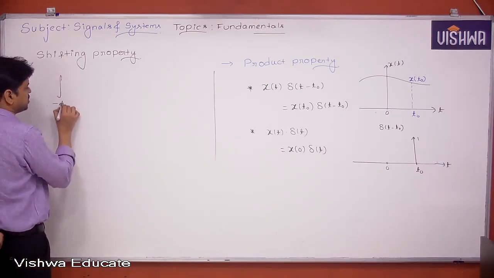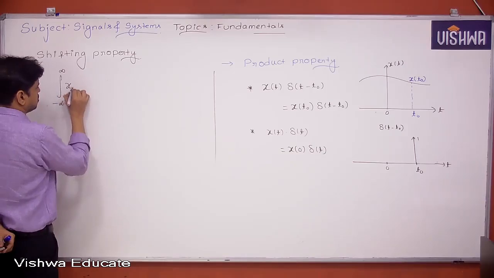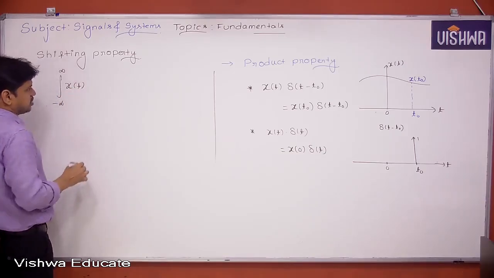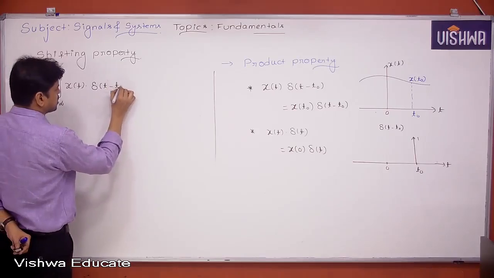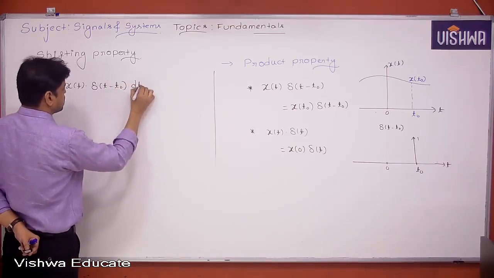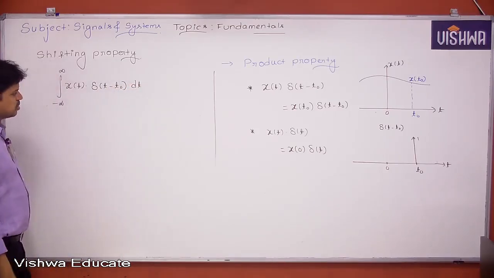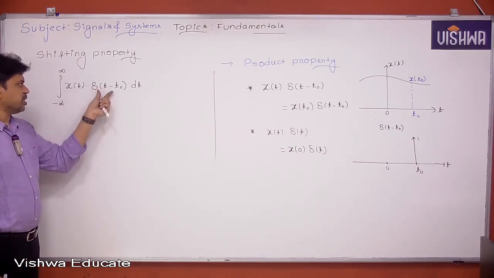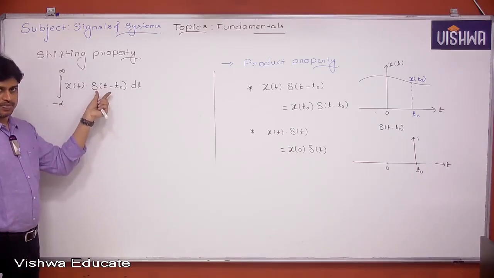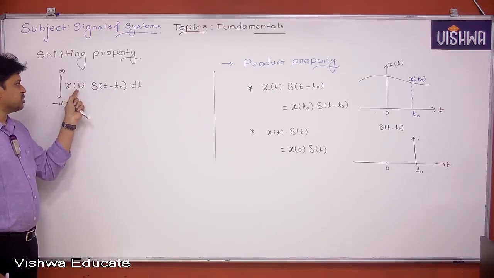Integral from minus infinity to infinity of an arbitrary signal x of t multiplied with delta t minus t naught dt. Now try to understand. From the product property, any signal multiplied with delta t minus t naught, then t has to be replaced with t naught. That is nothing but x of t naught.